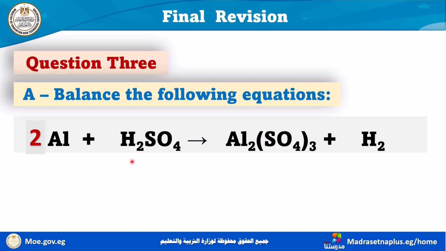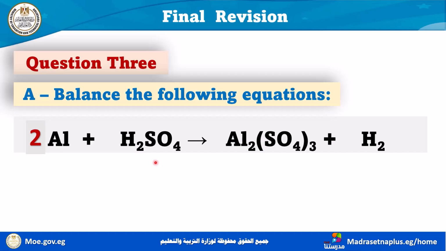Let's count the second element, which is hydrogen. We have here 2 hydrogen atoms in the sulfuric acid molecule, while at the end of the reaction we have 2 hydrogen atoms also in the products.